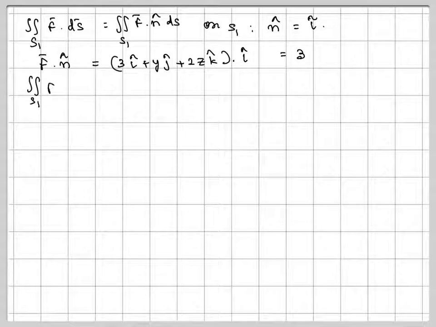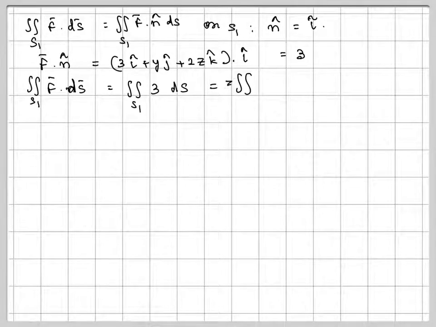So double integral over S1 of F dot dS is double integral over S1 of 3 dS, which is 3 times double integral dy dz, which is the area of that side. The area of the side where x equals 1 is a square of length 1 on each side, so the area of that square is 1.